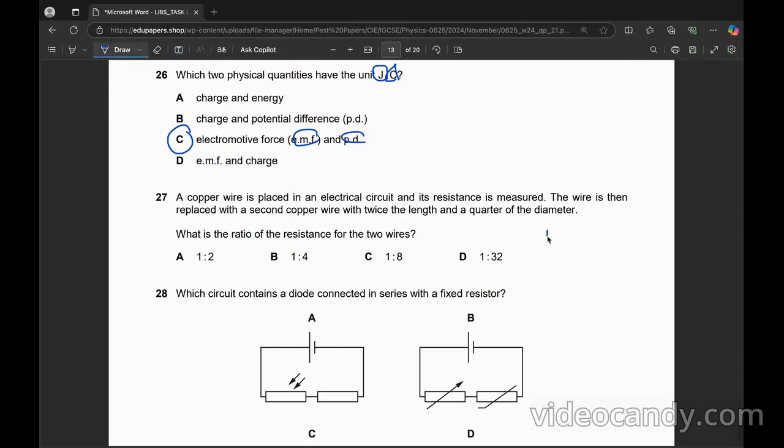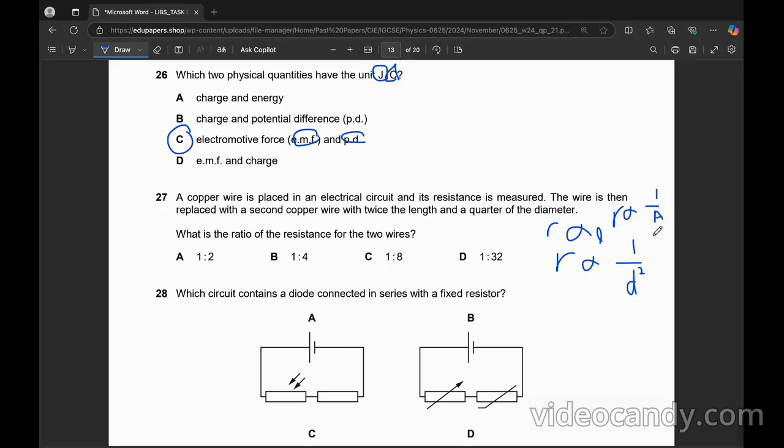So the resistance is directly proportional to the length and inversely proportional to the diameter squared, and that's because it is inversely proportional to the area. And to find the area, you have to take the squared diameter.